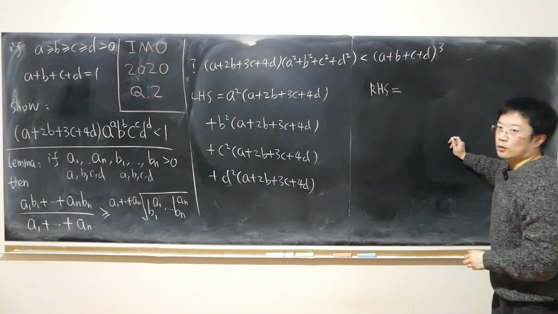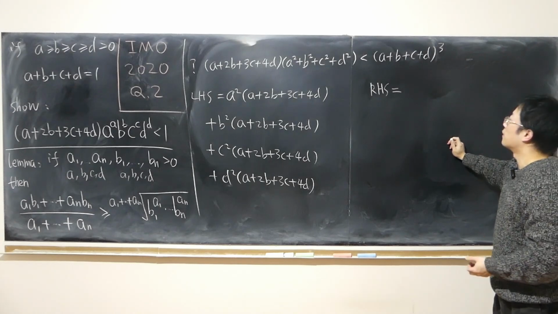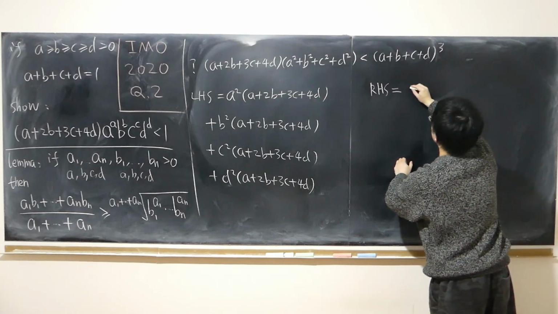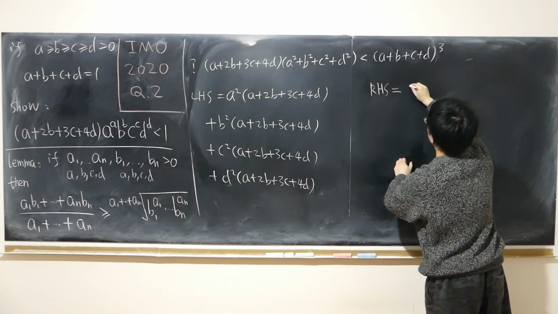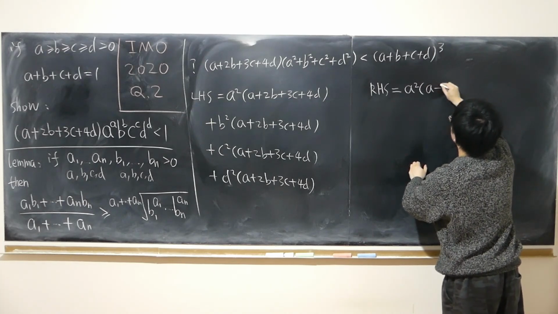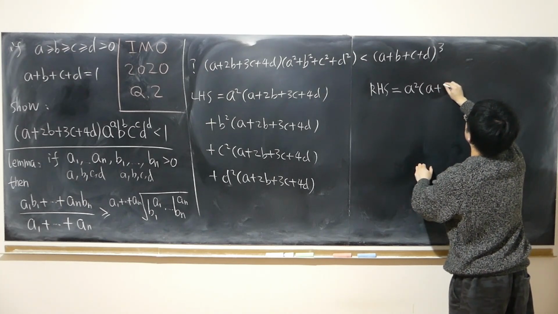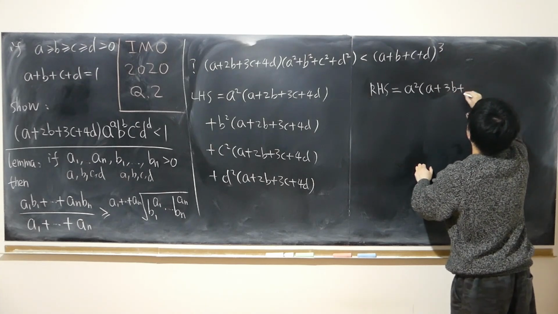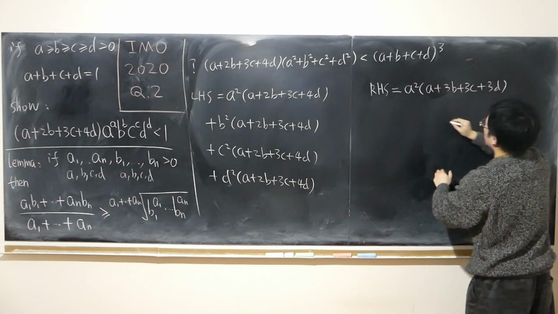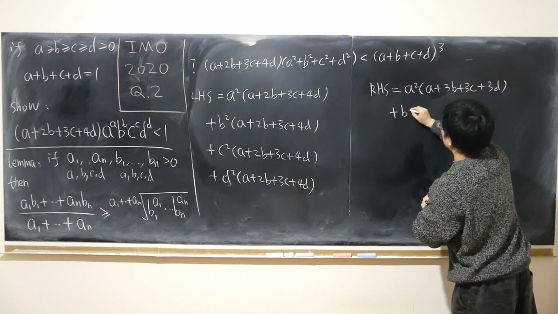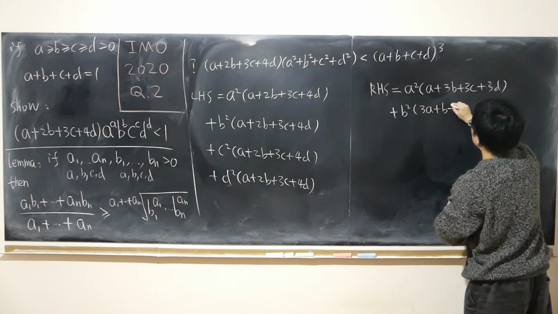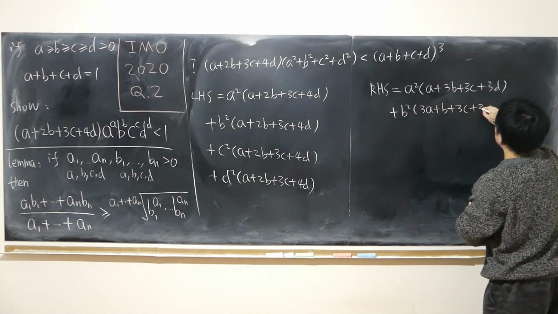Right? Of course, after expanding and regrouping, long story short, finally we reach, likewise we take out A squared, factor that out. Right? A plus 3B plus 3C plus 3D. B squared, 3A plus B plus 3C plus 3D.